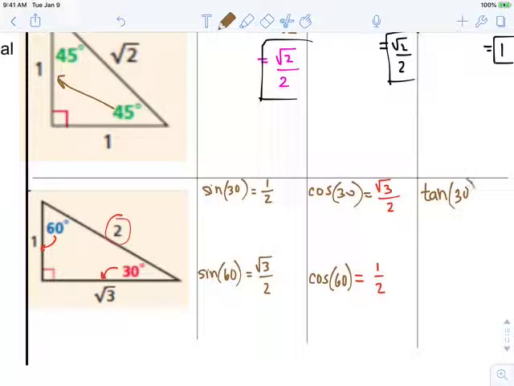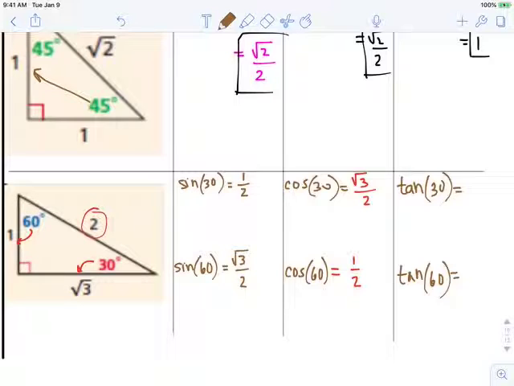Tangent of 30, tangent of 60. Opposite over adjacent for 30. So that's what? Let's wake up. 1 over square root of 3.